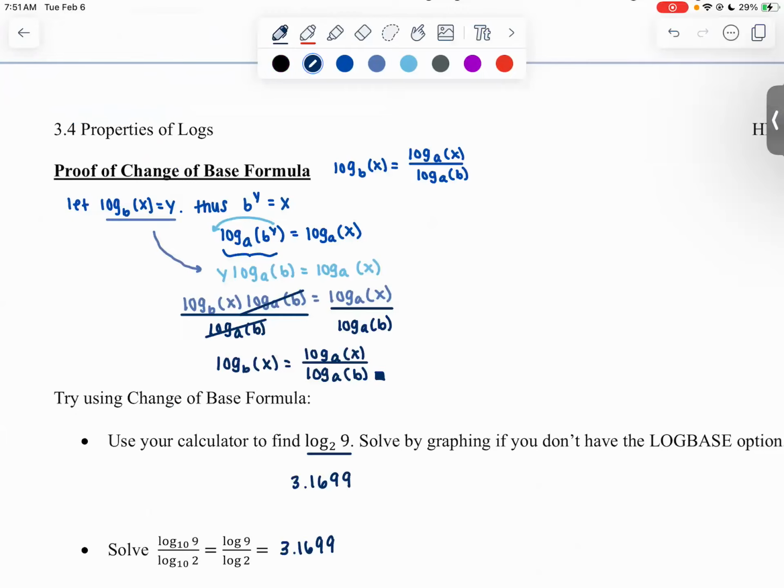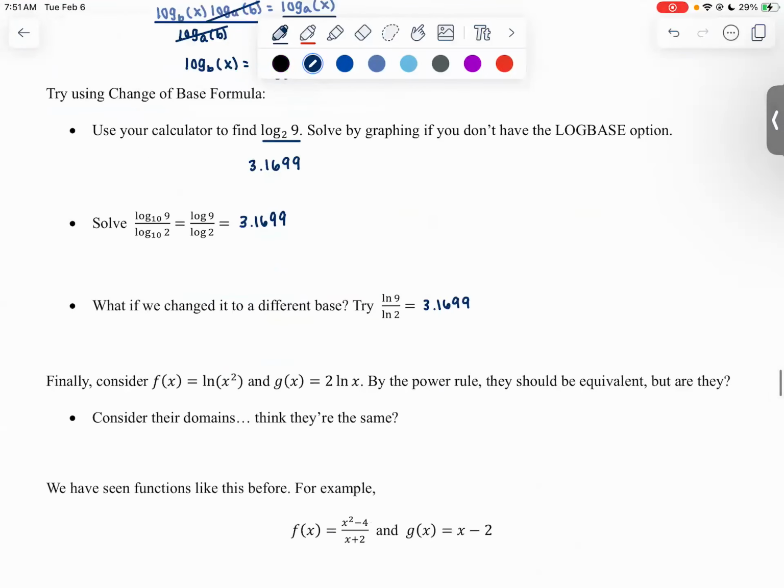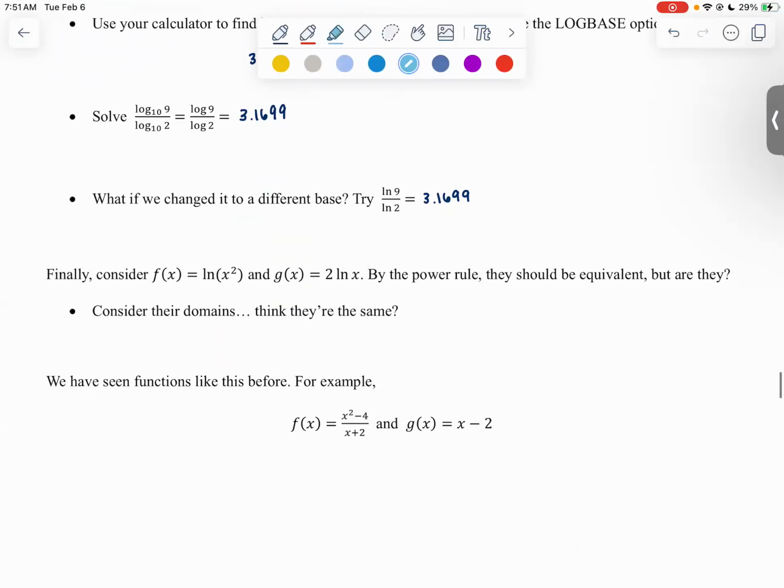The last thing that I wanted to talk about here is if we consider these two functions, f of x equals ln of x squared and g of x equals ln of x. By the power rule, that one exponent rule, these should be equivalent expressions.